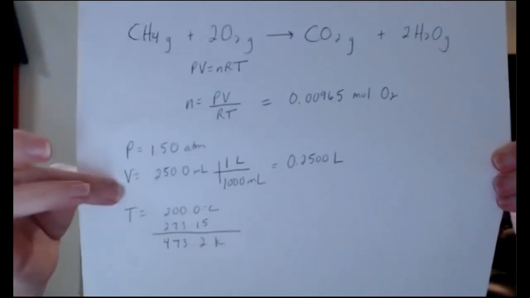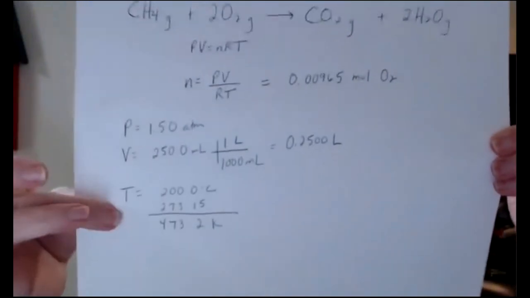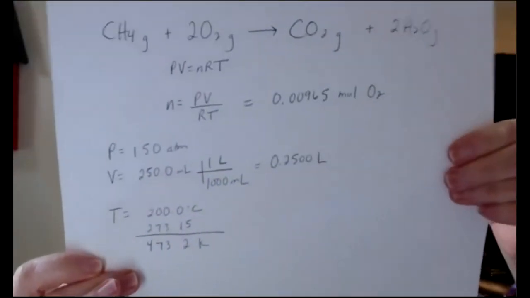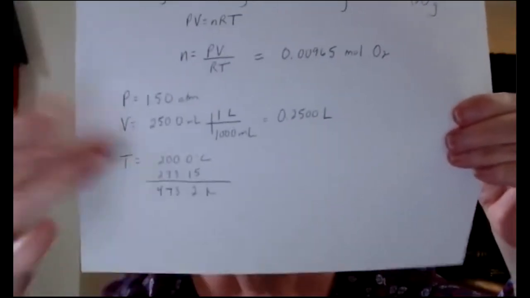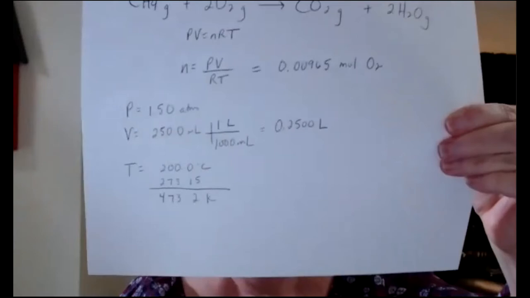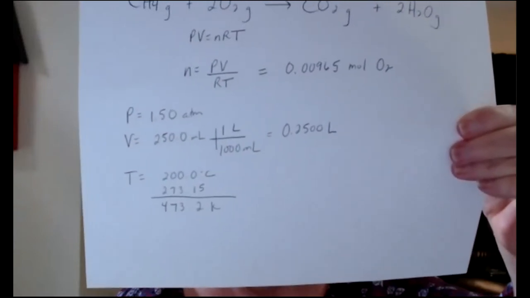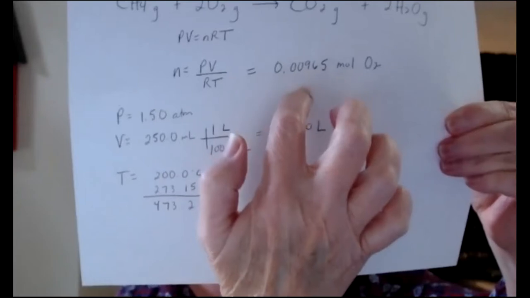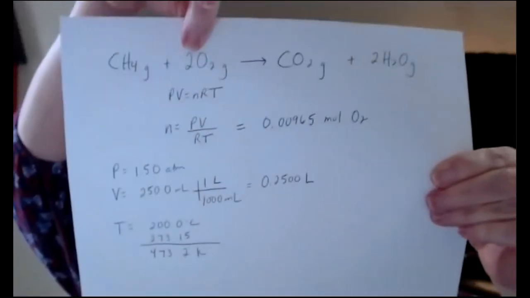I did need to convert my volume to liters. I did need to convert my temperature to Kelvin. When I plug in these conditions into this formula, and also notice I have to know R, I get that number. That's oxygen's moles.